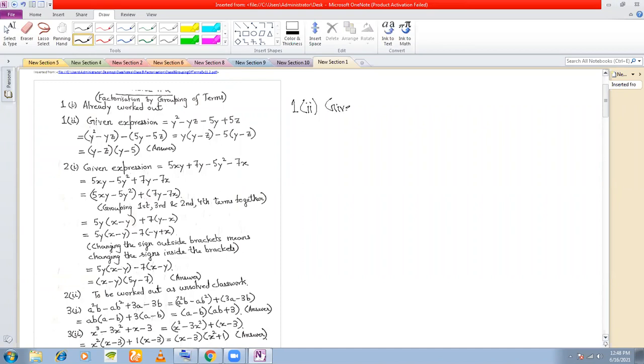The expression given here is y square minus yz minus 5y plus 5z. See here, the number of terms are how many? 4. This first, second, third, fourth. So there are 4 terms here, right? Now we need to see which terms we should group.